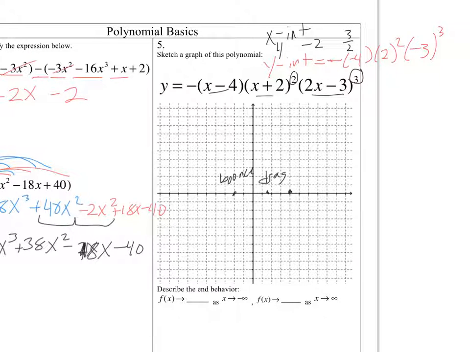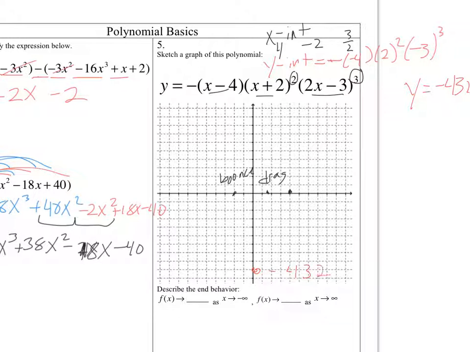So that would be positive 4 times 4 is 16. And 16 times negative 27 is a really big number. It's going to end up being 144 times 3 negative, which is going to be 432 negative. So we got y is equal to negative 432. I'll mark that right there.